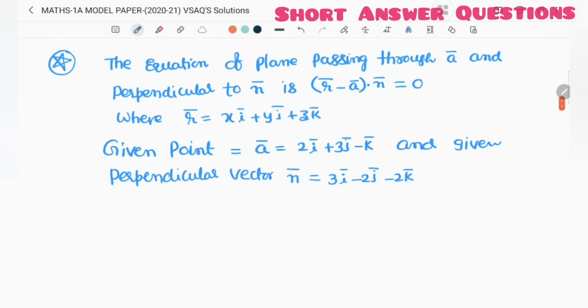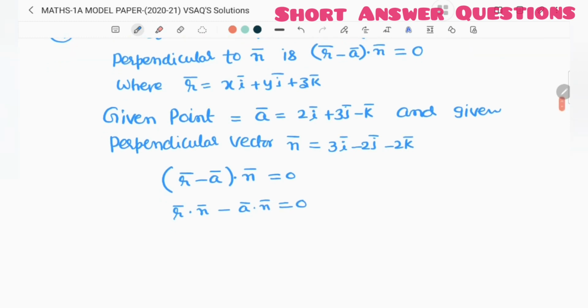Now substitute the values of r bar, a bar and n bar. So the required vector equation of plane is r bar dot n bar minus a bar dot n bar equal to 0.